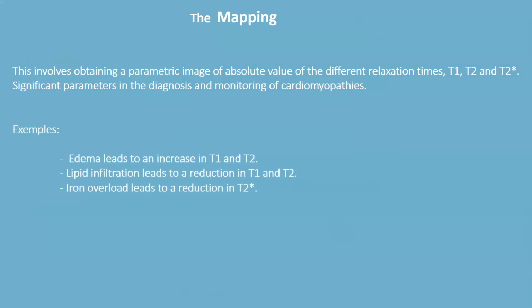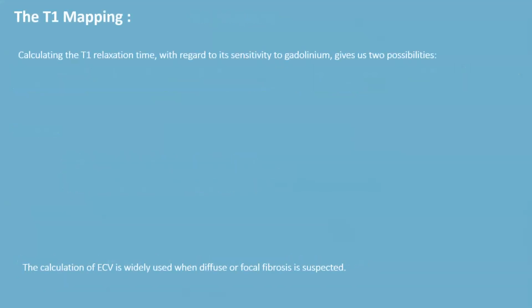For example, edema leads to an increase in T1 and T2, lipid infiltration leads to a reduction in T1 and T2, and iron overload leads to a reduction in T2 star. Generally, we use 1 to 3 slices in short axis, 1 slice per apnea with ECG trigger.